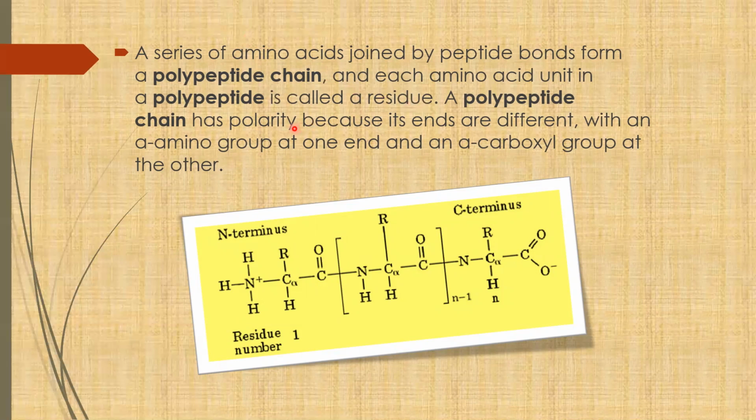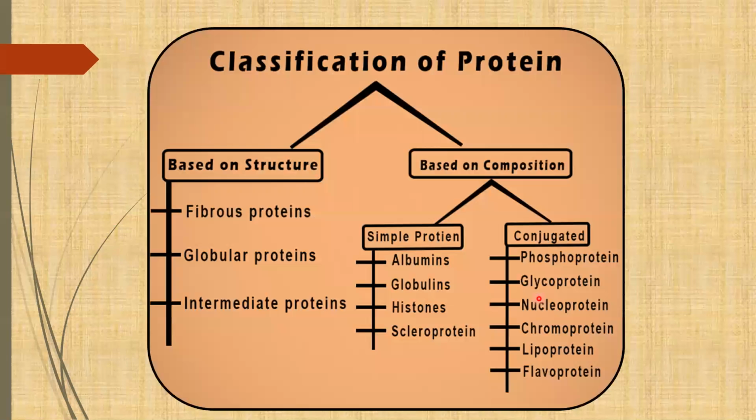A polypeptide chain has polarity because its ends are different. Here you can see one end is the amino group, that is NH3 plus, and the other end is the carboxylate group, that is COO minus. Hence they are polar in nature. So classification of protein on the basis of structure is fibrous protein, globular protein, intermediate protein.